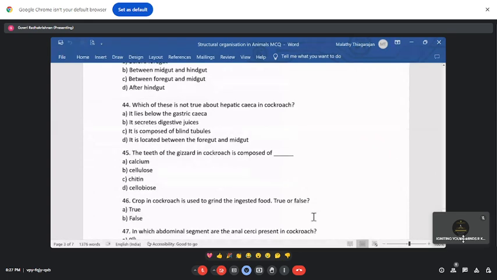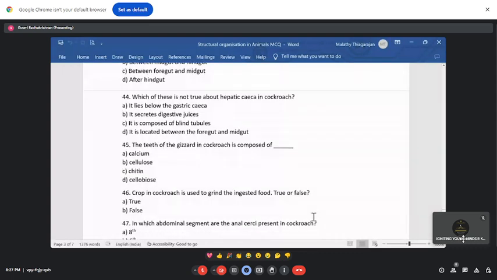All right. Question number 44: Which of these is not true about hepatic caecum in cockroach? All right, I will help you. Hepatic caecum secretes digestive juices. Is it correct? Yes.